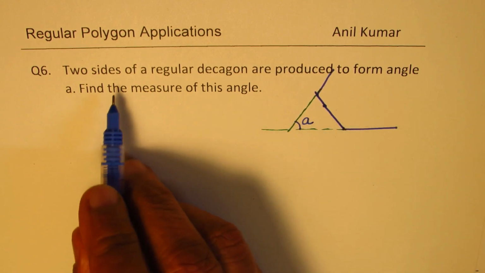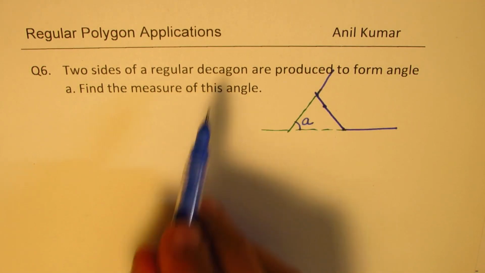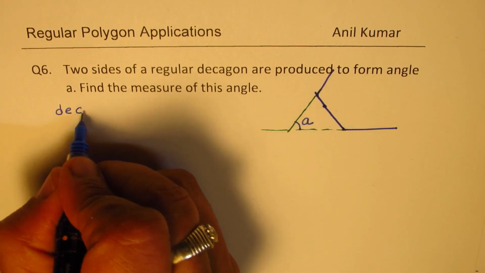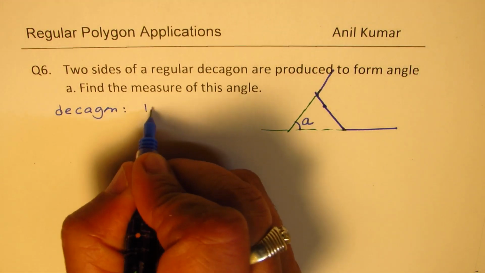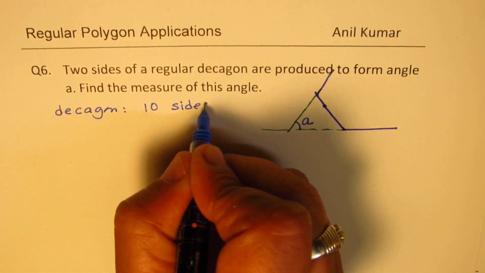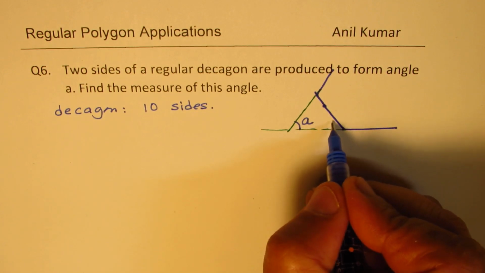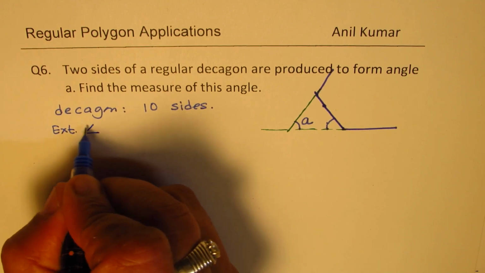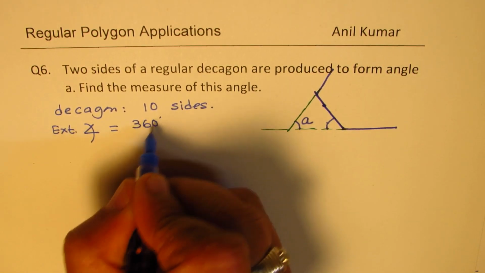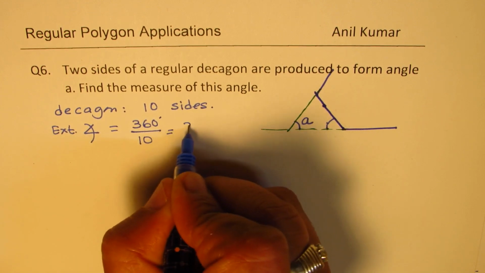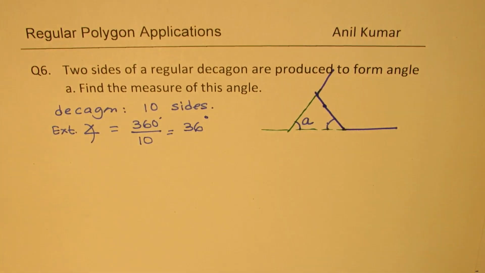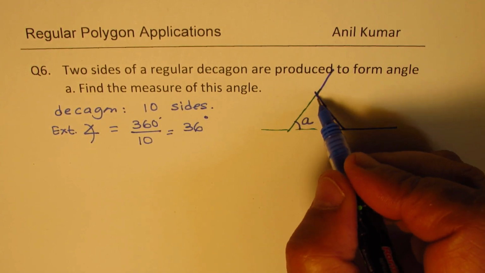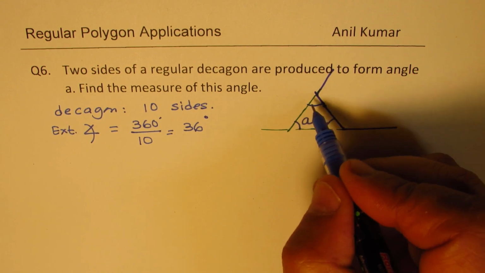Now it is two sides of a regular decagon, right? So decagon means what? Decagon means 10 sides. Is that okay? So what is the exterior angle? What is this angle? So we have the exterior angle equal to 360 degrees over 10, which is 36 degrees. Right? So the exterior angle is 36, and here also the exterior angle will be 36, right?